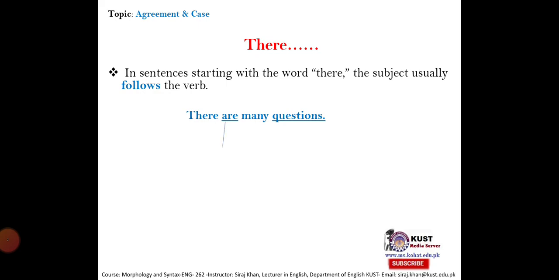There, followed by the verb are; many questions is the subject of the sentence. So in every sentence that starts with the word there, the subject usually follows the verb. So the subject will be at the end of the sentence, or used after the verb.